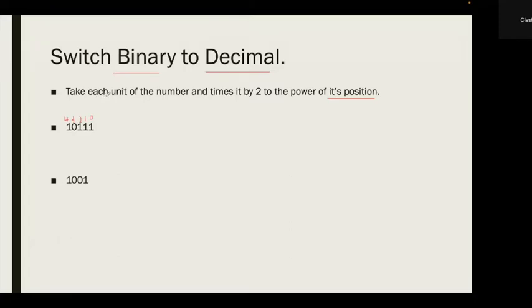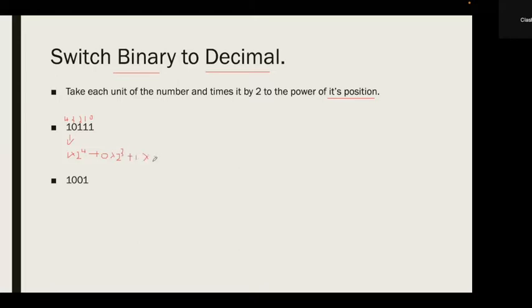The next thing you want to do is take each unit of the number and times it by 2 to the power of its position. So you want to take the digit 1 here and times it by 2 to the power of 4, and you want to plus 0 times 2 to the power of 3. And you want to repeat this process until you have used up all the units, right?